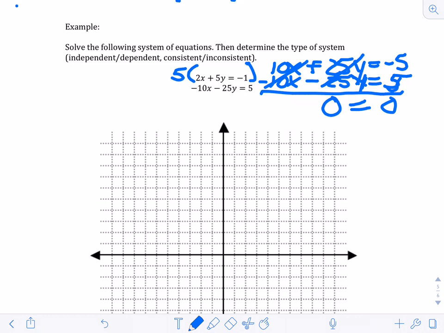So let's solve for our x and our y intercepts and see if we can plot these two equations and see what's going on here. If we look at 2x plus 5y equals negative 1.